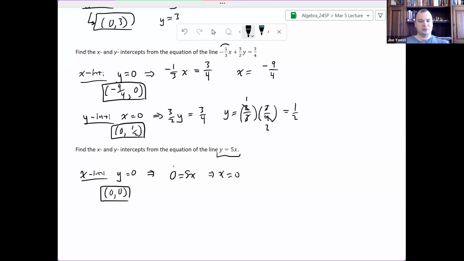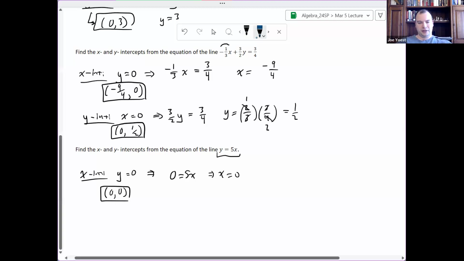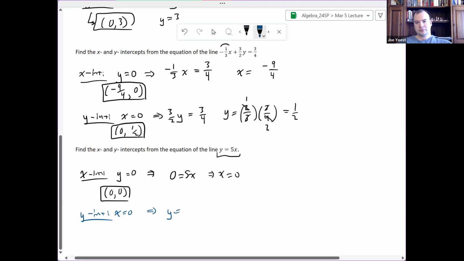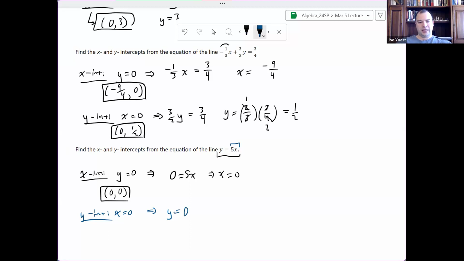But we also see that our y-intercept is 0, 0 as well, right? If we didn't see that, we could go here and say, well, what's the y-intercept? That's when x is 0. When x is 0, 5 times x is 0. So then y has to be 0.